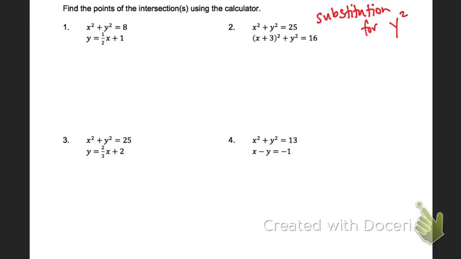So it works out to substitute for x squared or y squared when you have both in both equations. And so I'm going to take this top equation and I'm going to solve for y squared. So y squared equals 25 minus x squared.